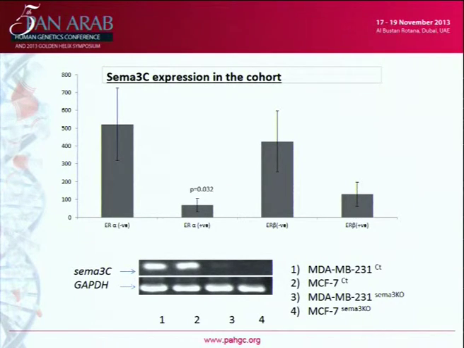For the cancer cell lines, this picture presents a successful knockout of semaphorin 3C expression in MDA231 and MCF7. In lanes 1 and 2, both the MDA231 and MCF7 breast cancer cell lines were showing strong semaphorin 3C expression.